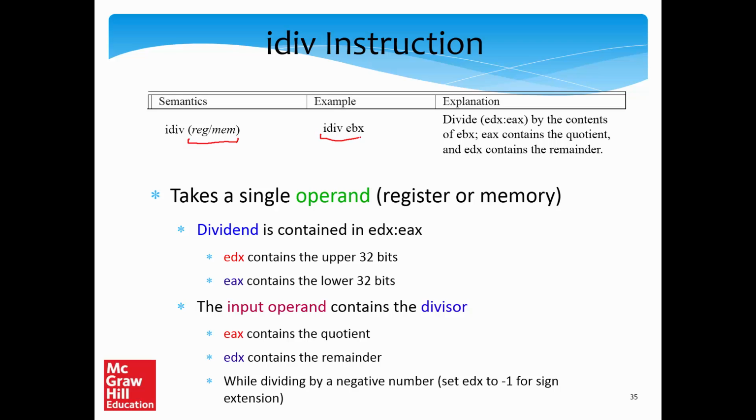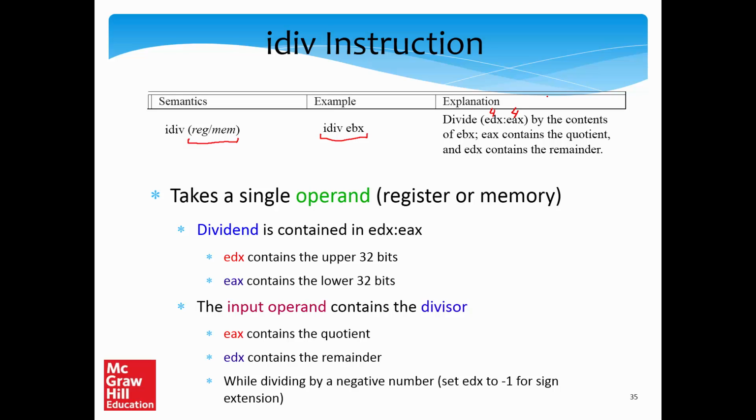An example would be something like IDIV EBX. What we do is consider a 64-bit number in the case of a 32-bit instruction set, where the number is stored in EDX and EAX. EDX stores the upper 4 bytes, EAX stores the lower 4 bytes. The logic is similar: if you multiply two 4-byte numbers, the product can at most be 8 bytes.